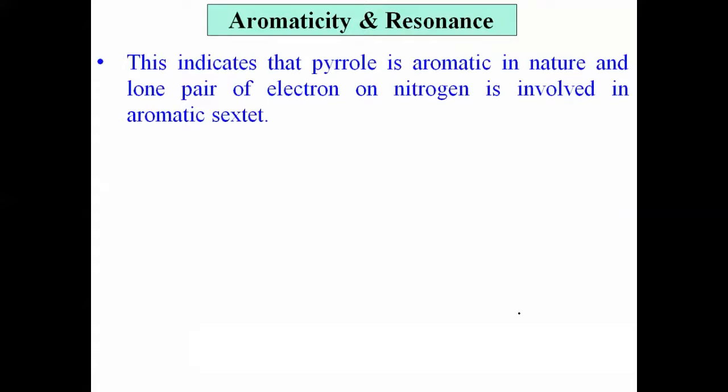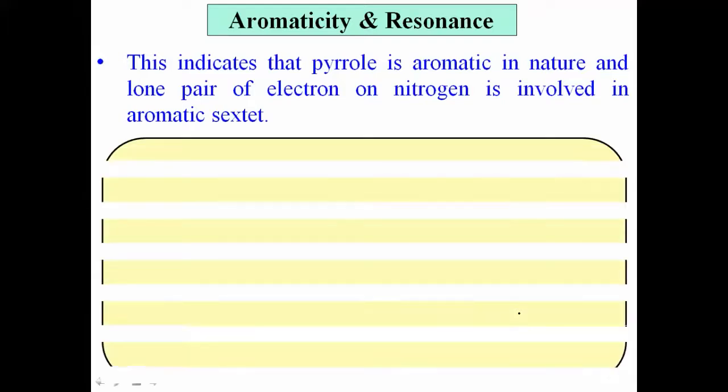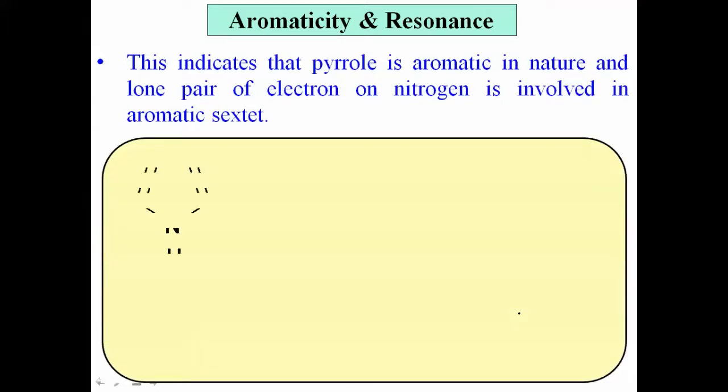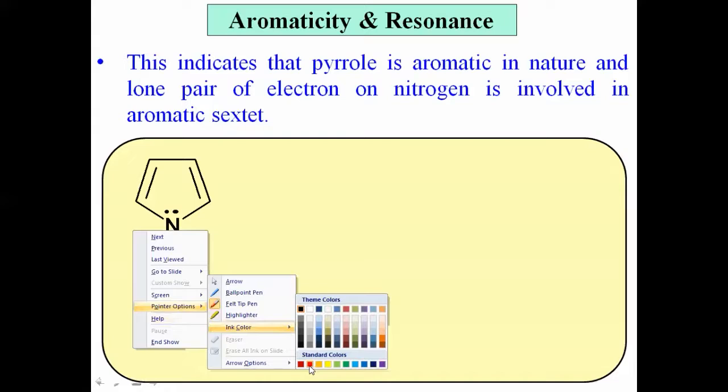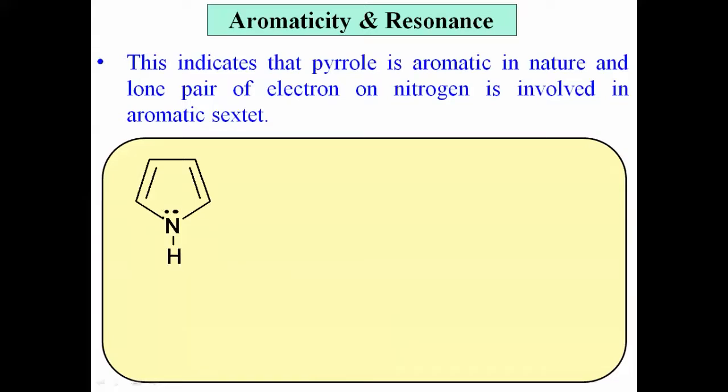So what is observed from this? Yes, it should be aromatic in nature, and the lone pair of electrons which is present on the nitrogen should be involved in the delocalization. This electron pair is involved in delocalization, and there is an aromatic sextet.